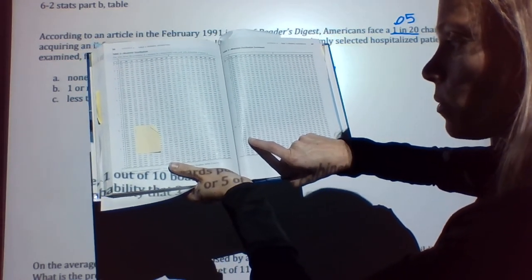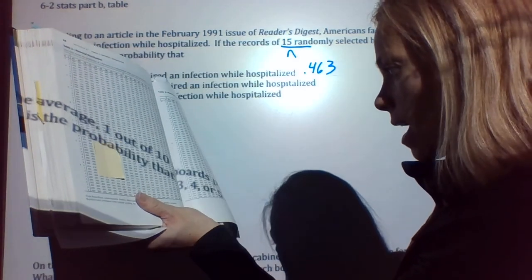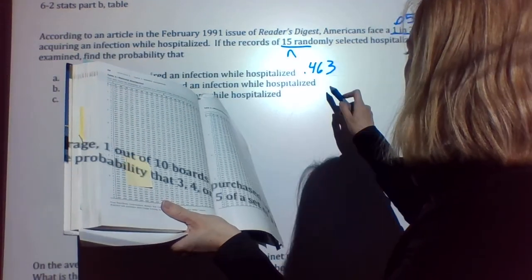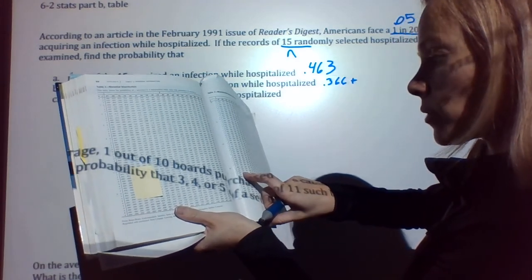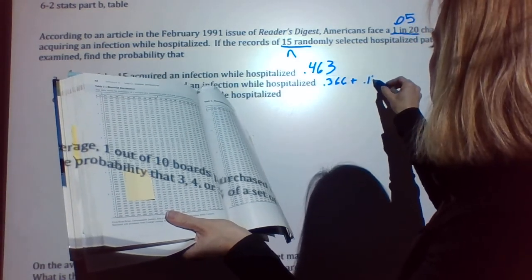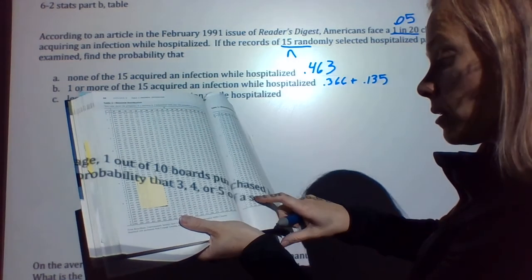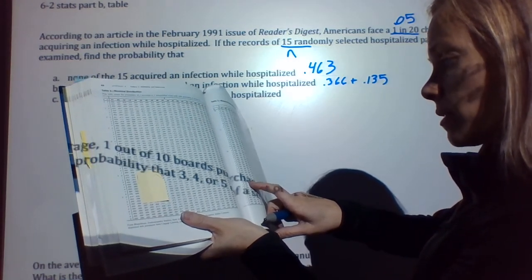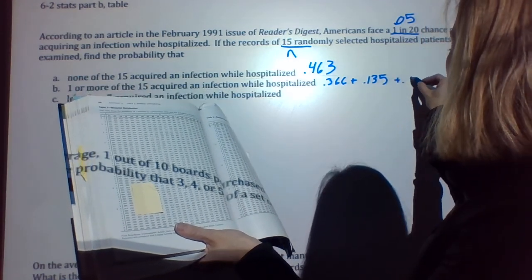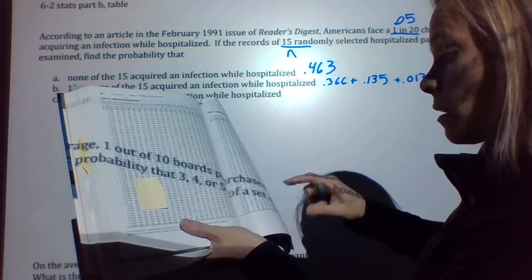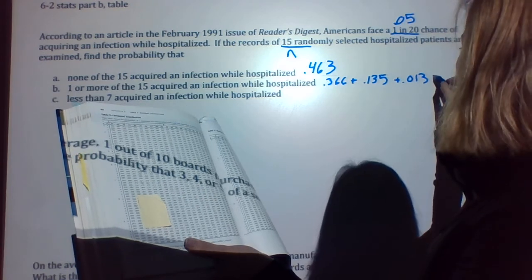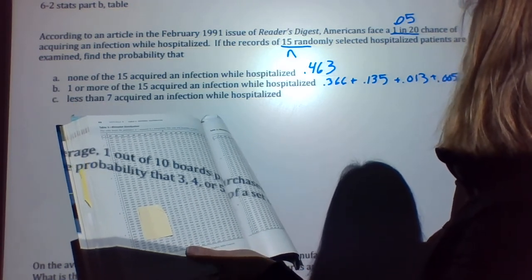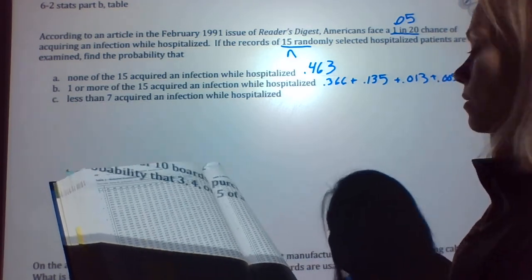So 1 or more, I could go ahead and add 0.366 plus 0.135 plus 0.013 plus 0.005 plus 0.001 and add those up.